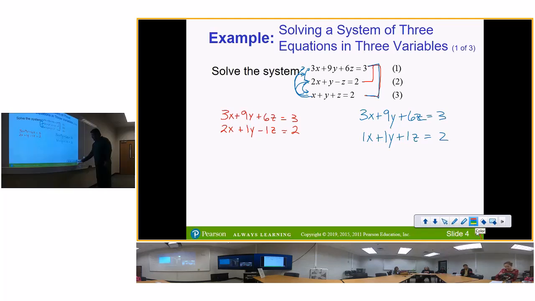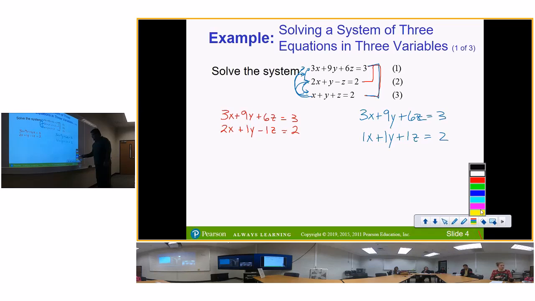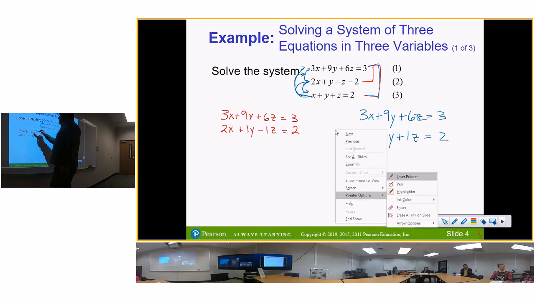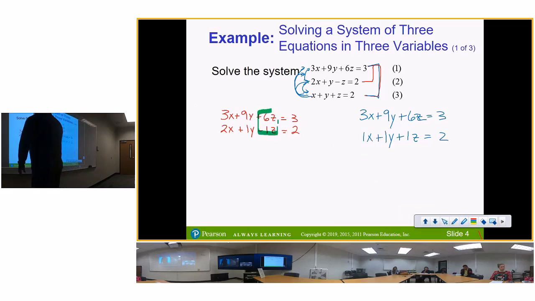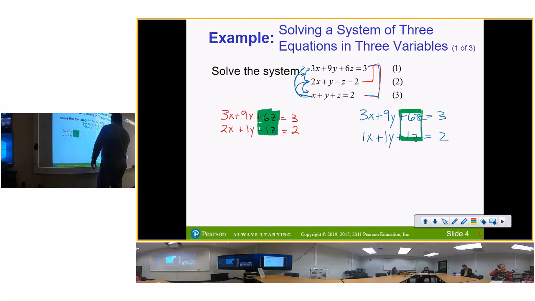Now, whatever I get rid of in 1, I have to get rid of in the other. I can't just switch. I'm going to get rid of the z's, and if I get rid of the z's in this section, I have to get rid of the z's in this section. You can't mix. You can't get rid of the z's over here and the y's over here.